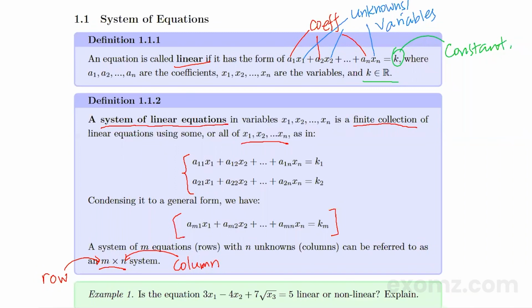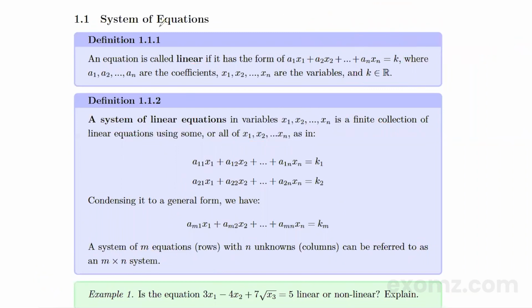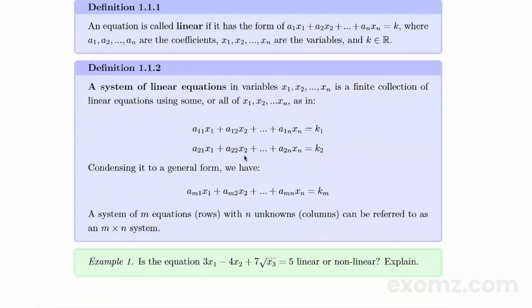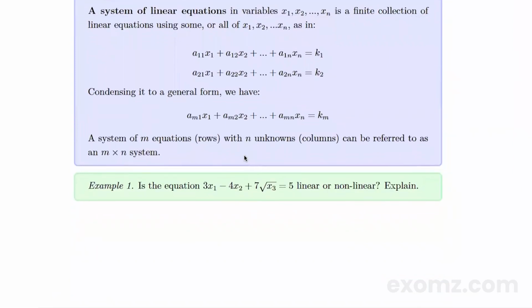So let's take a look at example 1. Is this equation linear or nonlinear? Explain. So let's take a look at this equation. We have 3x1 minus 4x2 plus 7 square root of x3 equals to 5. So what do you guys think?